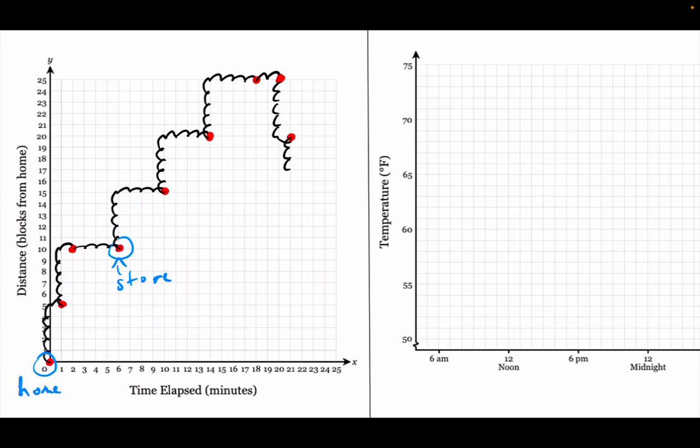1, 2, 3, 4, 5 over 1. Again, 5 over 1, and again. She's almost there. 5 over 1. Now she's finally home again.